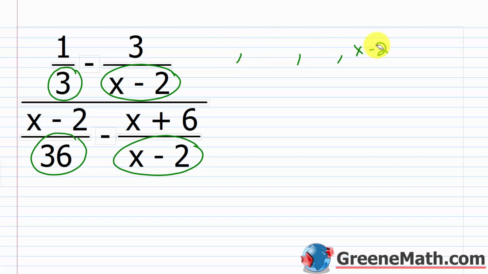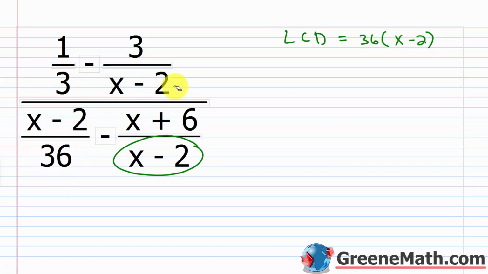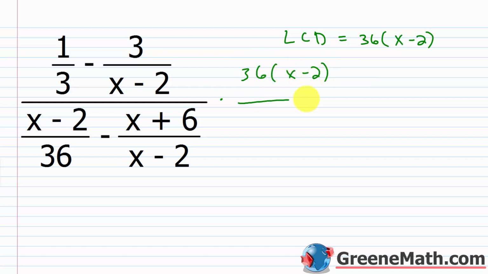That would be the LCD. So my LCD is 36 times the quantity x minus 2. Okay, very easy to find. Now all I want to do is multiply the numerator and denominator by the LCD. So 36 times the quantity x minus 2 over 36 times the quantity x minus 2.